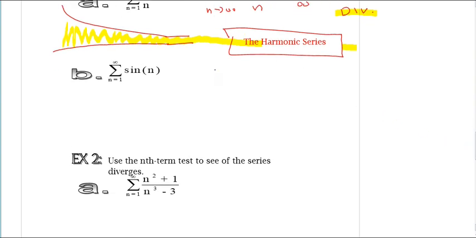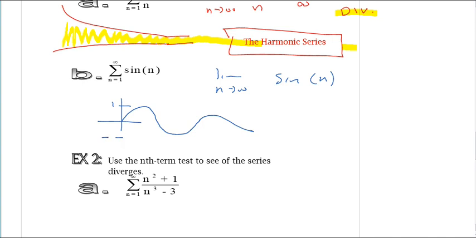So, limit as n approaches infinity of sine n. The sine graph oscillates. The high and low points are 1 and negative 1, so it could go to positive 1 or negative 1.